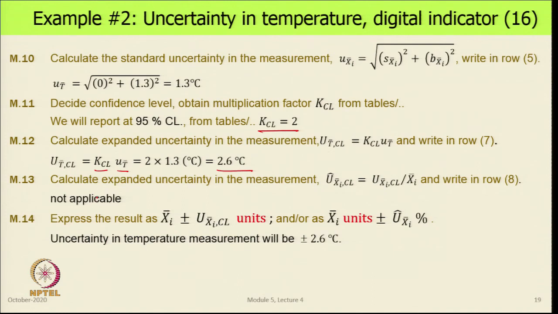And then we calculate the relative expanded uncertainty in the measurement. We do not have this value, so not applicable. And finally, we express the result. In this case, as a percentage, we cannot do it. We just say that the uncertainty in the temperature measurement will be plus minus 2.6 degrees Celsius at the least. On top of that, we could have added random standard uncertainty. So, with this selection of sensor and indicator, this is what we could expect.